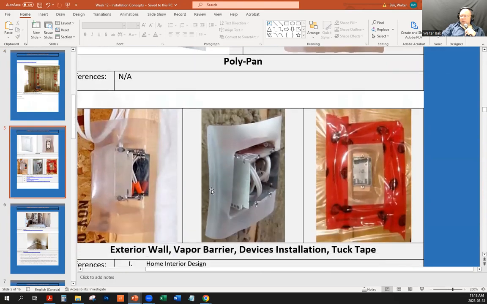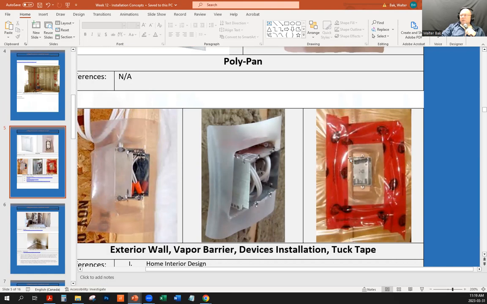And this is how we install the poly pans. Before the vapor barrier is installed, you just staple that or just include that. You don't even have to staple that to the studs. You just put your devices inside the poly pans, and the people who are going to install the vapor barrier are going to take care of that.